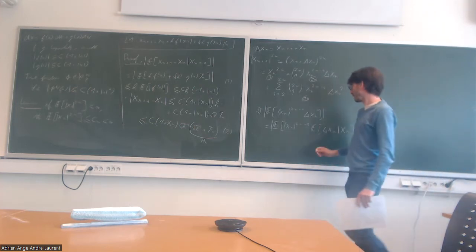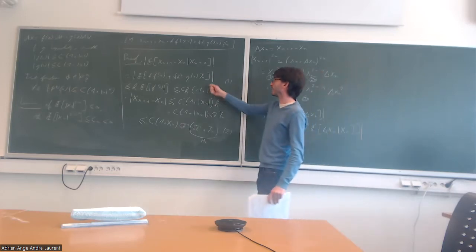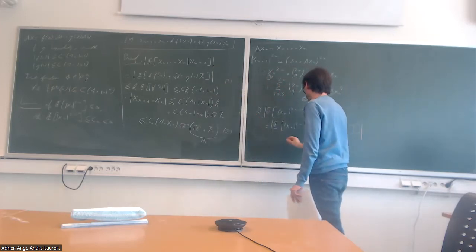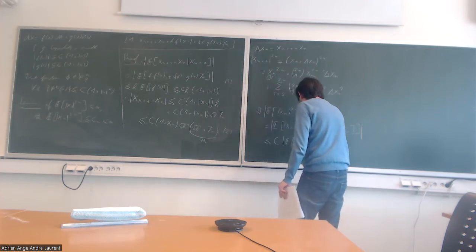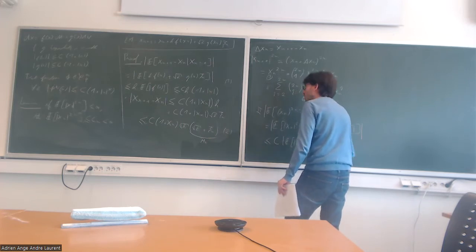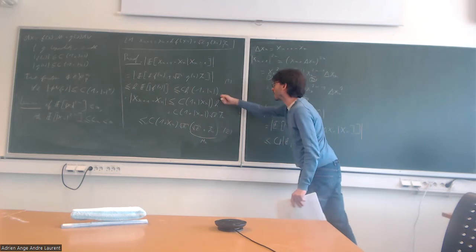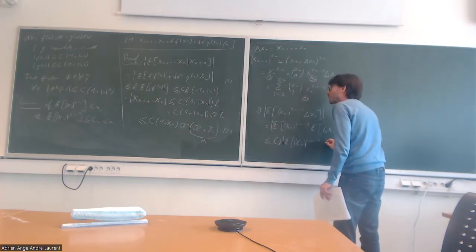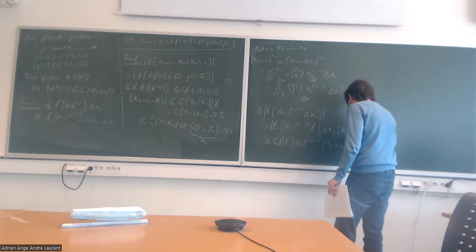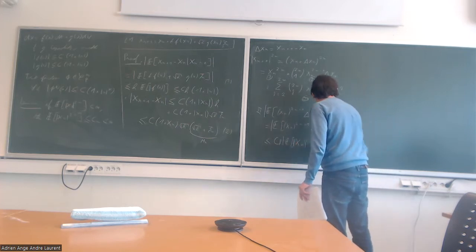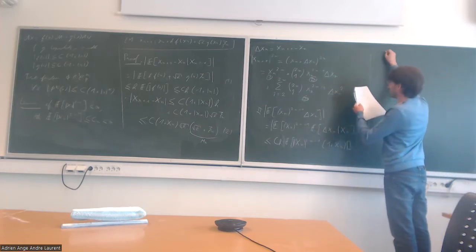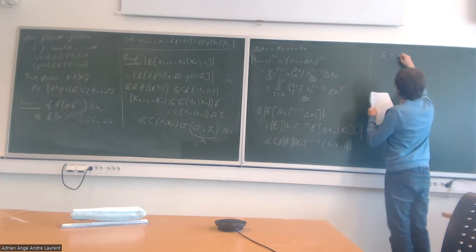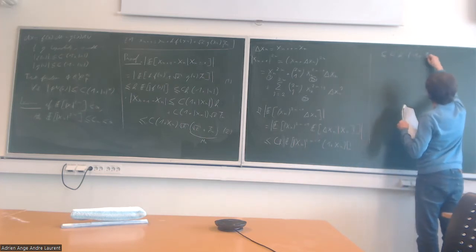It's still the same quantity. Then this, we've computed it here. So we'll use this inequality. And I have the expectation of xn to the 2m minus 1 multiplied by h times 1 plus x. And so in the end, I get something of the form constant times h times 1 plus the expectation of xn to the 2m.